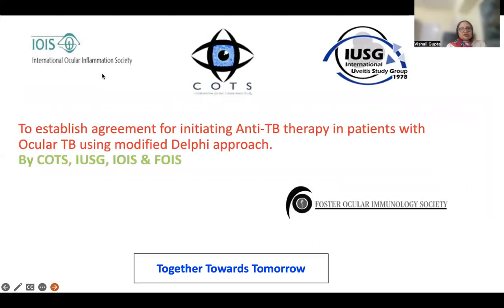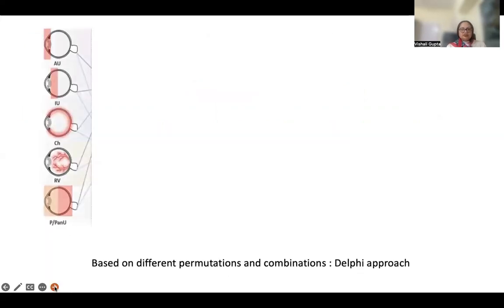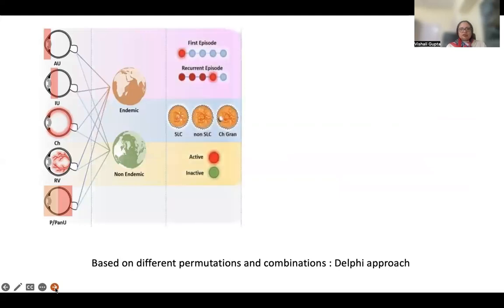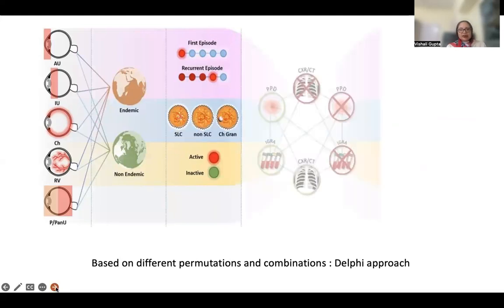To answer this question, I will briefly go over the guidelines of COTS supported by IUSG, IOIS, and the Foster Ocular Immunology Society. This was a consensus statement, a white paper, which we had, depending on the phenotypic presentation, which country the patient belonged to, whether it was the first or a recurrent episode, and whether the disease was active or inactive.